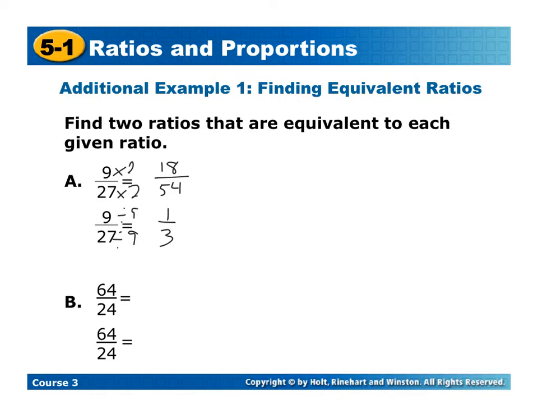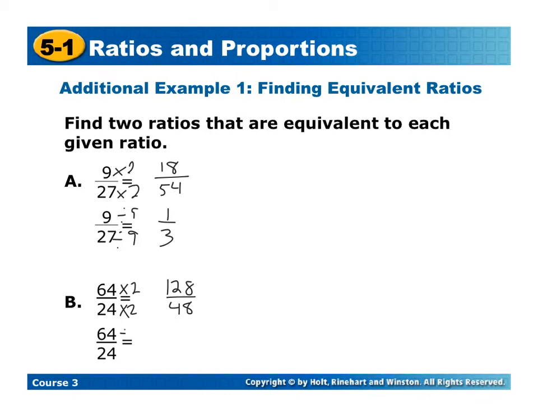So why don't you go ahead and pause the video and try the next one on your own. So 64 to 24, we could start by multiplying each by 2. So 64 times 2 is going to give us 128. 24 times 2 is going to give us 48.